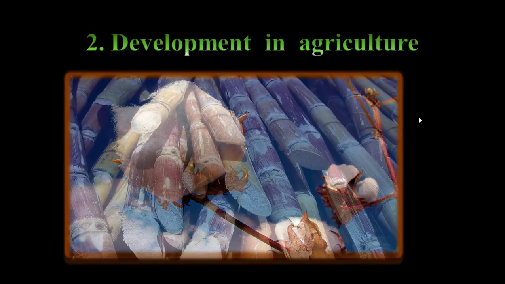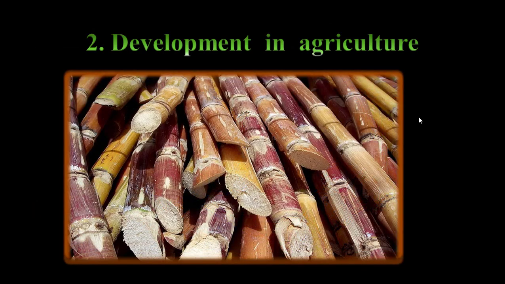The second one, development in agriculture. The production of food grains, which was 51 lakh tons in 1950-51, increased to 176.4 million tons in the year 1991, and further to 252 million tons in the year 2015-16.